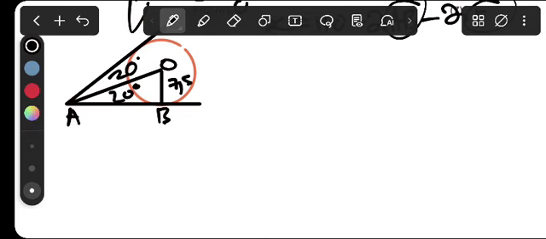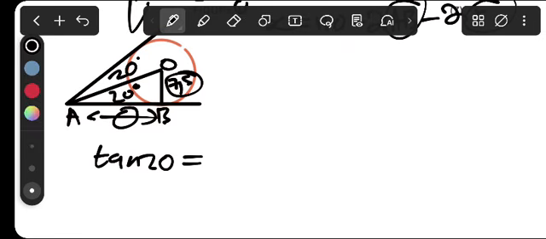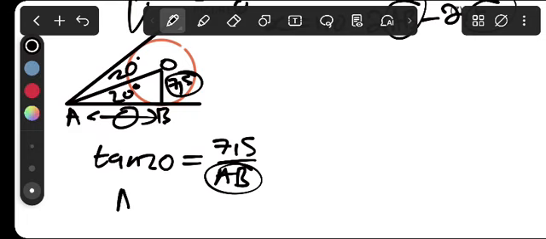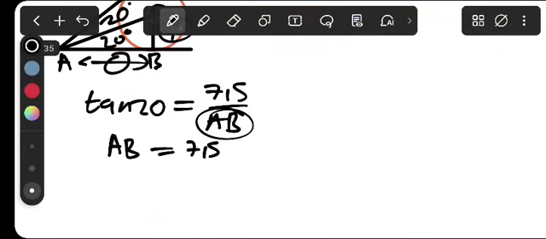So what do we want? AP. We have opposite over adjacent. So tan 20 equals opposite, 7.5, divided by adjacent. Now we want AP, so you multiply, it will be 7.5 divided by tan 20 degrees.